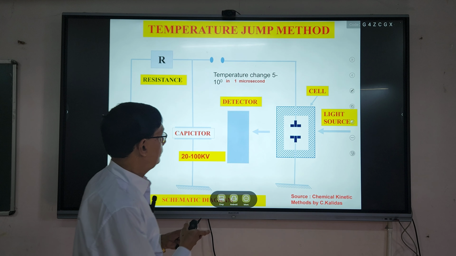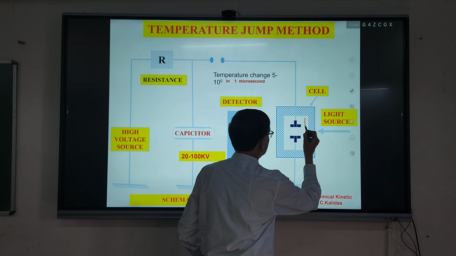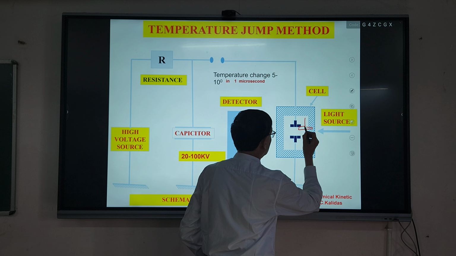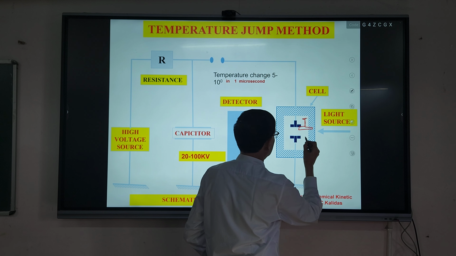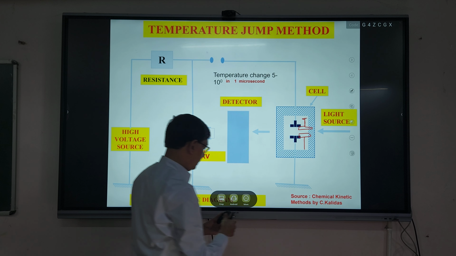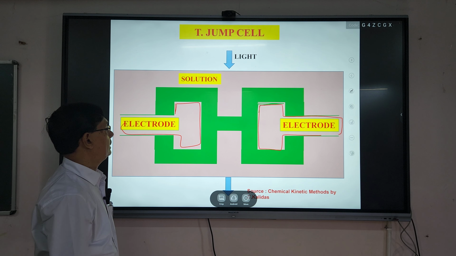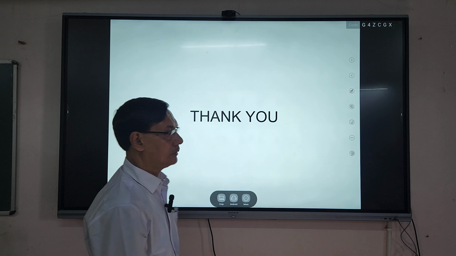This solution is like that, and this is also an electrode. So by that method you can monitor the temperature. Thank you.